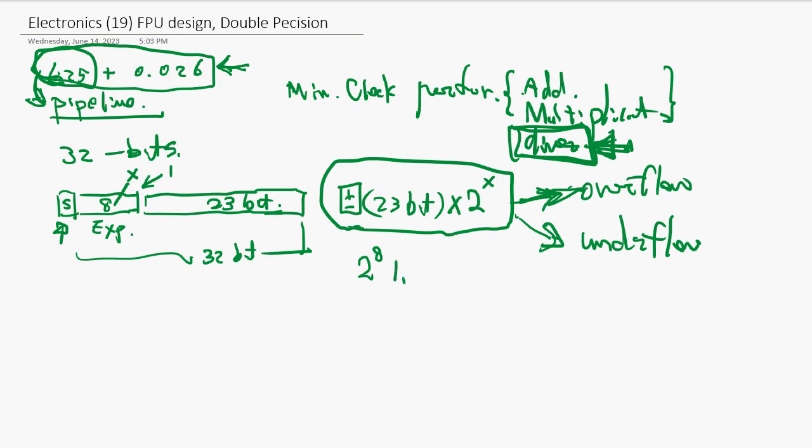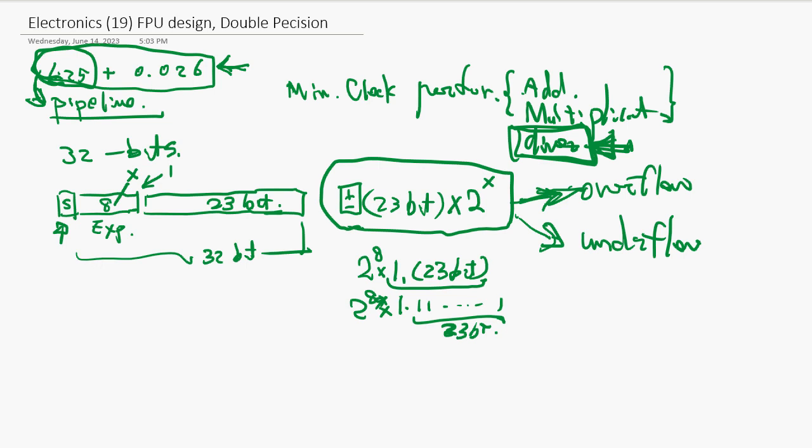You have 1.23 bits. So this is in decimal number. Okay, so the largest is going to be 1, 1, 1, 1. This is 32 bits, 23 bits. So this is the largest number, right?